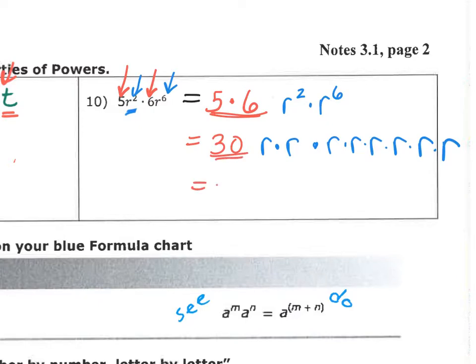Now I'm going to simplify. I have 30. How many r's do I have? 1, 2, 3, 4, 5, 6, 7, 8. R to the 8th. I wonder what pattern they're trying to get us to see. I have r squared and r to the 6th, which gives me r to the 8th. Are you seeing the pattern yet?